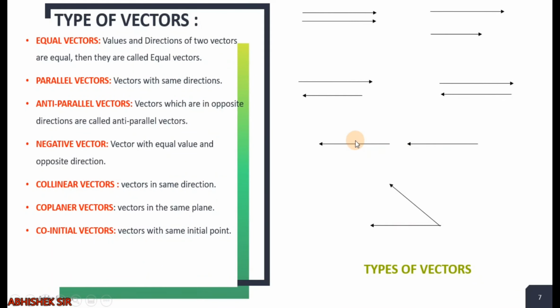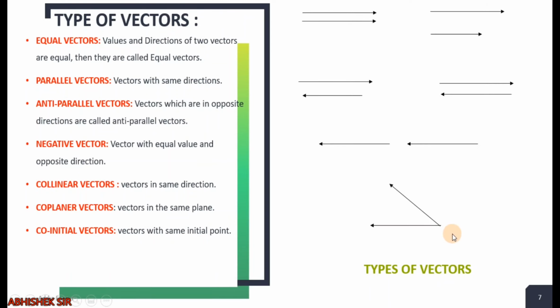Collinear vectors, vectors which are in same direction. So over here you can see two vectors, same line, same direction. Okay, so they are collinear vectors. Coplanar vectors, any two vectors which are in a plane are called coplanar vectors. You can see any example that you take, they are in same plane, so they are coplanar vectors. I haven't drawn anything specific.